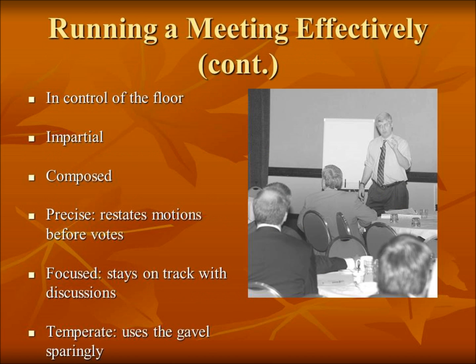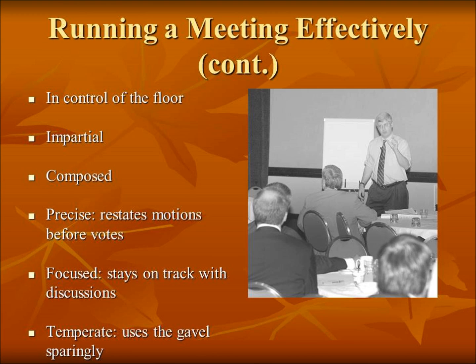This slide continues our discussion from the former slide, that is, how to run a meeting effectively. We're able to run a meeting effectively when we're in control of the floor. That's the chairperson's responsibility, to be sure that one person is speaking at a time on one subject. Then the chair is to be impartial, composed, be precise, be able to restate a motion before the vote is taken.